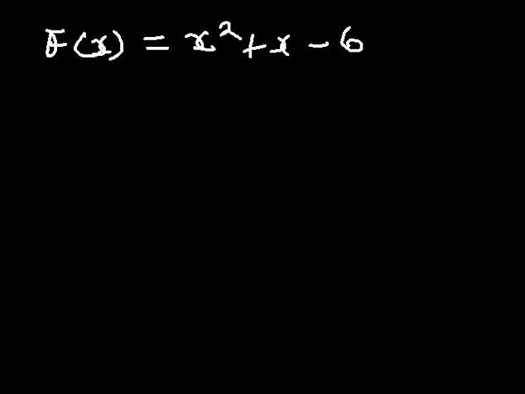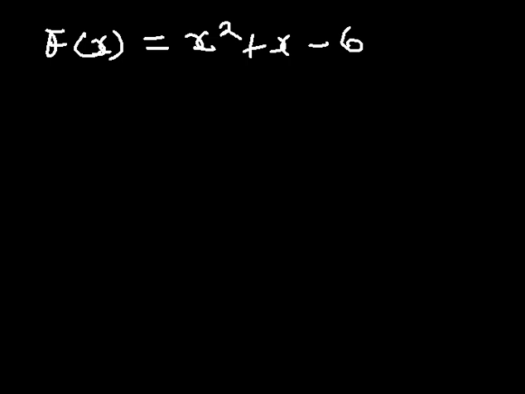So how should we be able to sketch the graph of this function? Mind you, we are being told to sketch, not to plot. Otherwise, if we would have to plot, then we would have used the table values. But now we just have to sketch the graph.